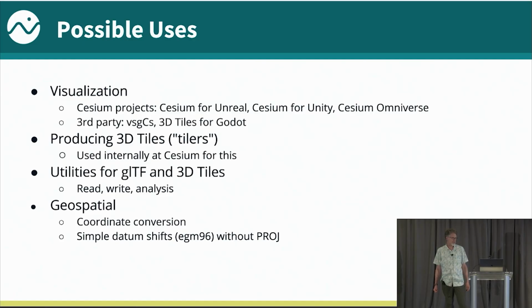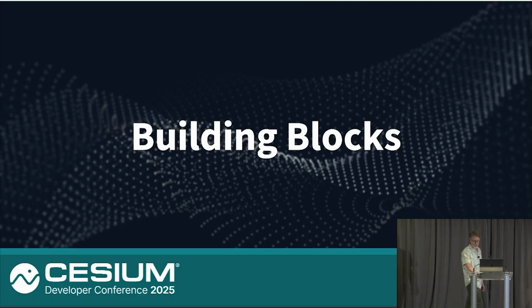And so just generally using Cesium Native for utilities that might deal with glTF and 3D tiles is useful to process them in interesting ways, as well as doing geospatial stuff. I say coordinate conversion here. We have a lot of support for lat-long to earth-centered and simple datum shifts without using the gigantic libproj, which you may have heard of.